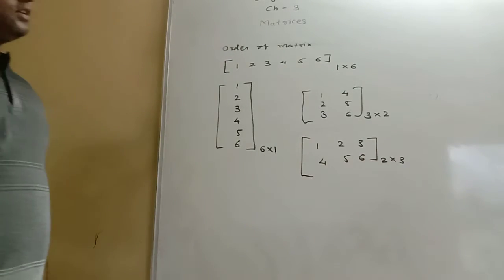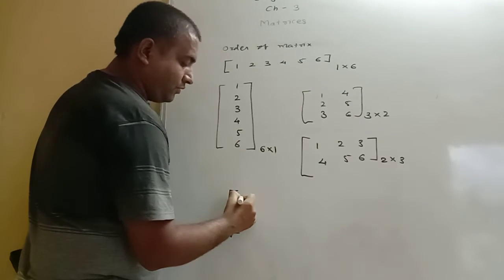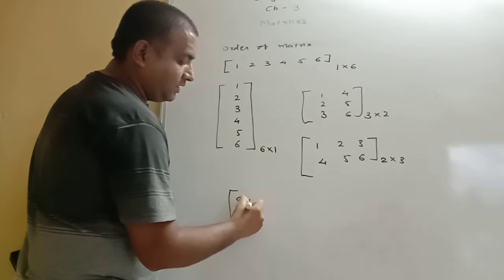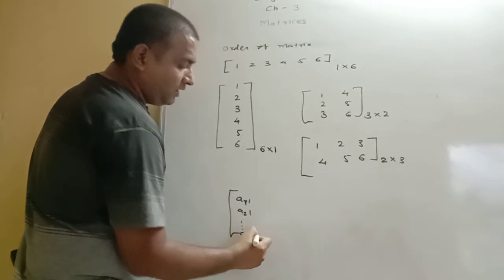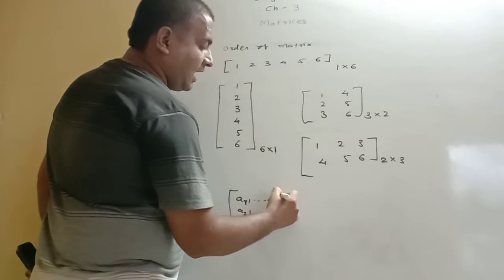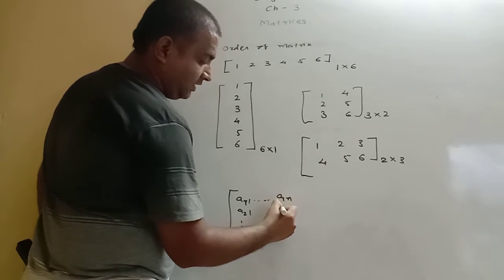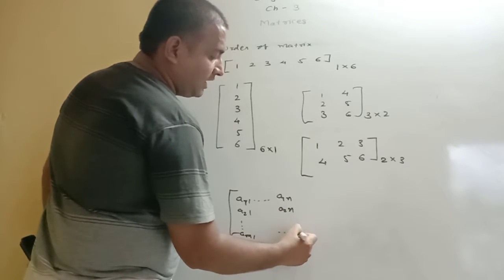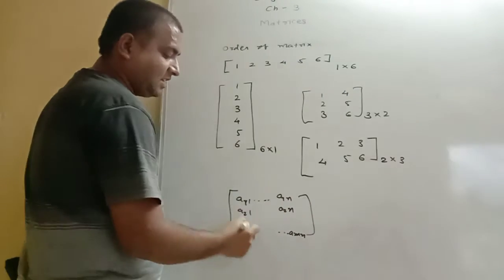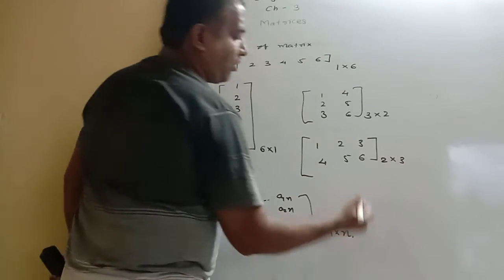So any matrix which has m rows, A11, A21 up to Am1, and n columns, A1n up to Amn, has order m cross n.